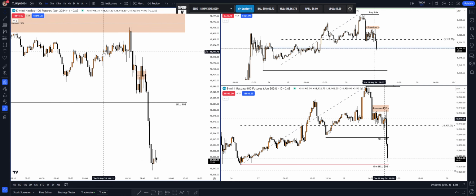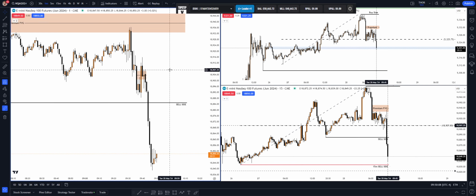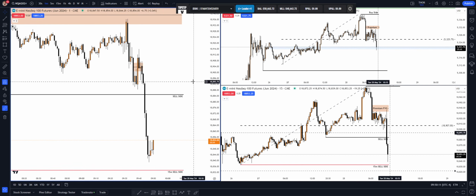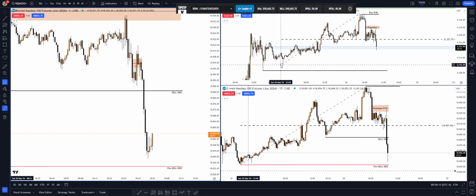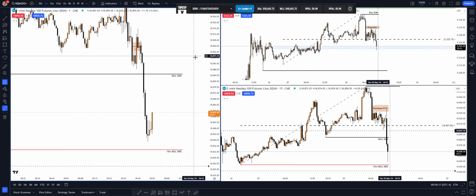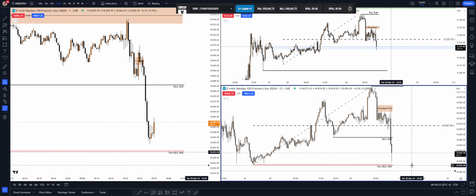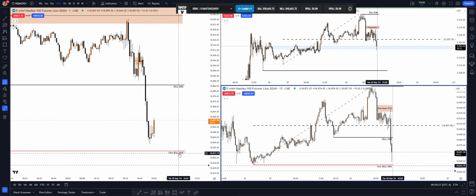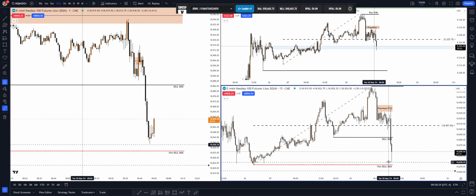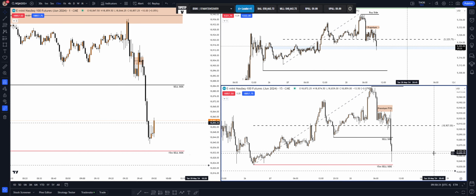I mean, I don't know. You can also call that a trap, though. The 15-minute low should be the draw on liquidity at this point.